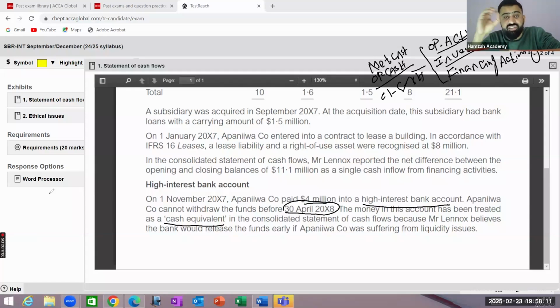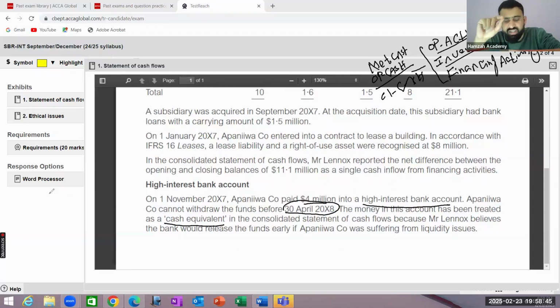And the treatment of this as a cash and cash equivalent is contrary to International Accounting Standard 7 Statement of Cash Flows. So what should be the treatment? It should be shown as a cash outflow in an investing activity, not as a cash and cash equivalent in their cash flow statement.